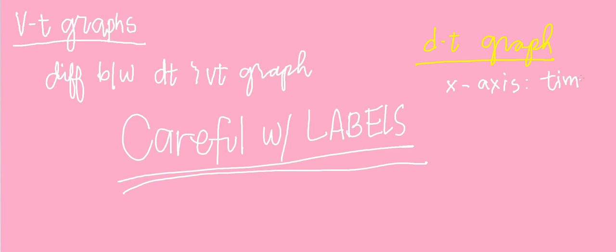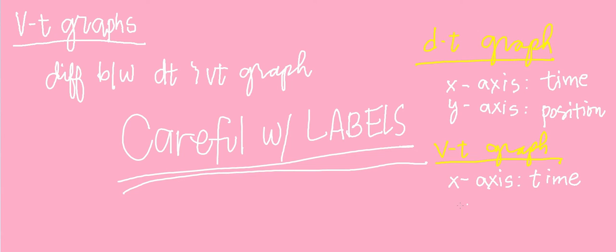The variable on the x-axis is the time, while for the y-axis, it is the position, or of course the distance. On the other hand, for the VT graph, the x-axis follows that of the DT graph, so we have time, but for the y-axis, we have velocity, or the speed.